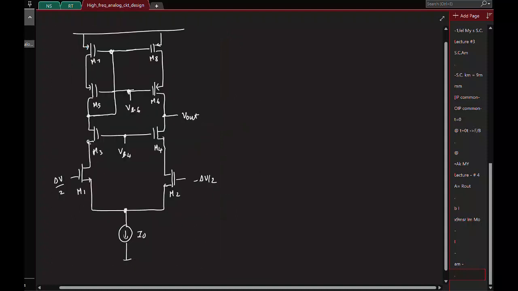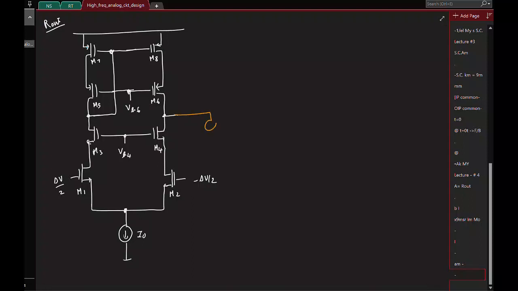So now let's find R out. To find the output resistance, I will have to apply some test voltage at the output. I'll call it VT. I'll try to find what current it supplies, and I'll short all the other inputs.